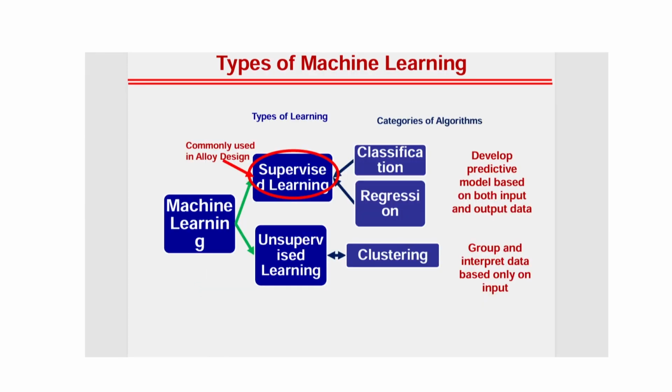So, as I said, there are 2 types of learning basically. One is called supervised learning, and the other is called unsupervised learning. In supervised learning, you have data in such a way that you have both the input variable as well as the output. That means you have both input and output data, just like the one I gave you, time versus temperature.